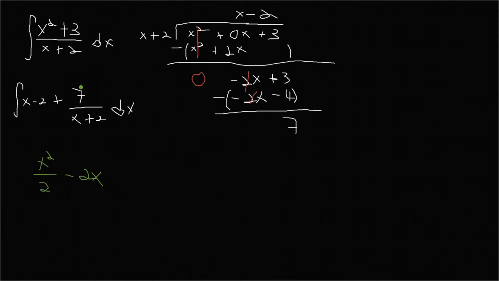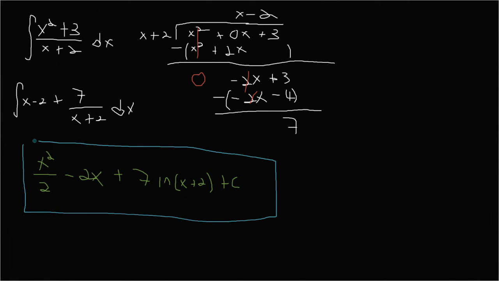And then this one, if you tried to integrate it, the constant up top is just a regular number. So 7 times the natural log of what's underneath, so x plus 2. And then we got the plus c. And that is it. We can now box our answer.